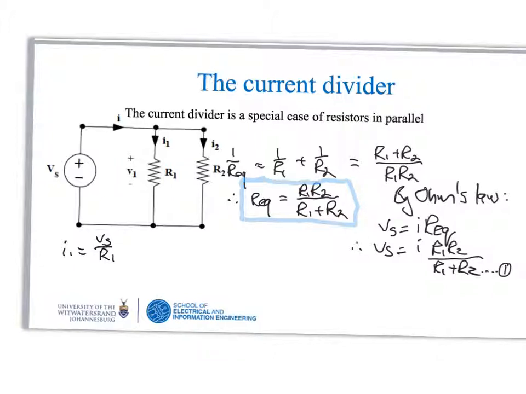Since the resistors are in parallel, the voltage across all of them is Vs. And we know that I2 is equal to Vs over R2, and we'll call this equation 2. Then we're going to put equation 1 into equation 2.